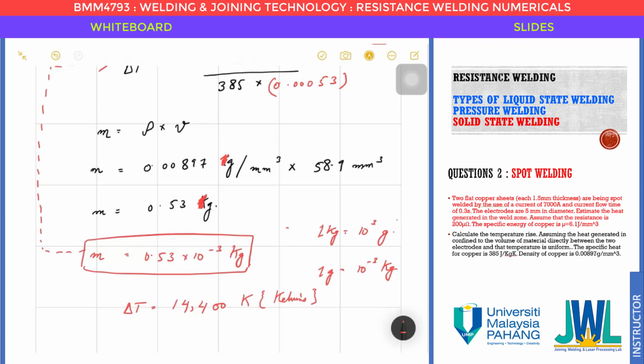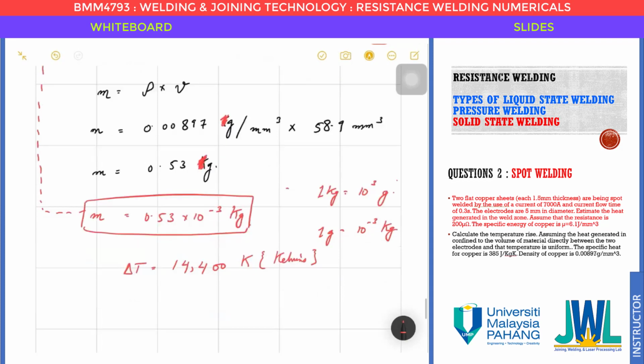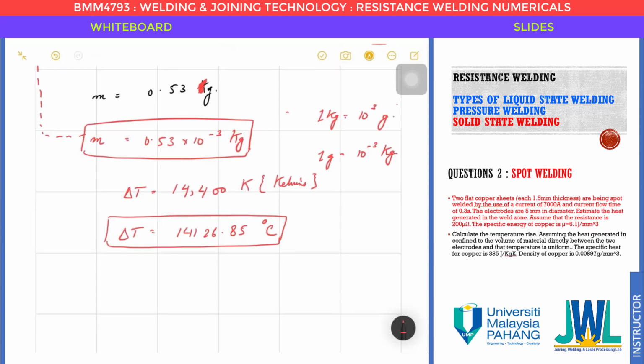Okay. So we convert Kelvin into centigrade. So 14,000 Kelvin delta T comes out to be 14126.85 degrees centigrade. This is the extreme temperature rise which has occurred.